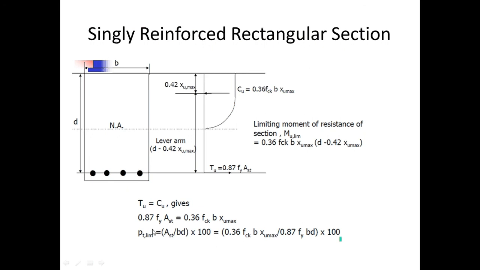Now the percentage of reinforcement is Ast divided by bd into 100. We calculated Ast is equal to 0.36 fck b into xu max divided by 0.87 fy. From this you can calculate the percentage of reinforcement limited to your structure.